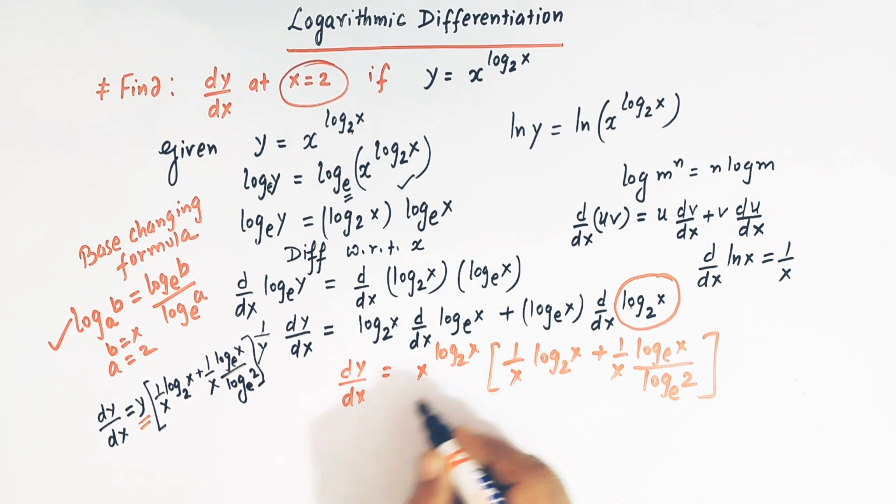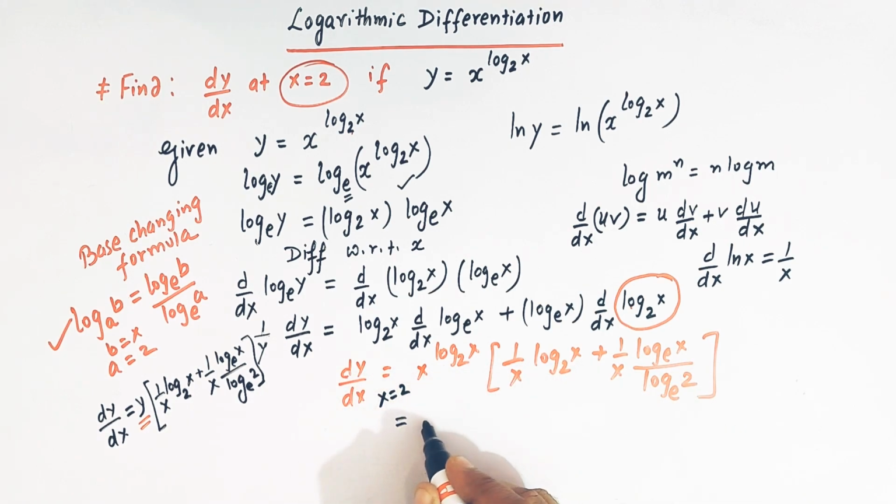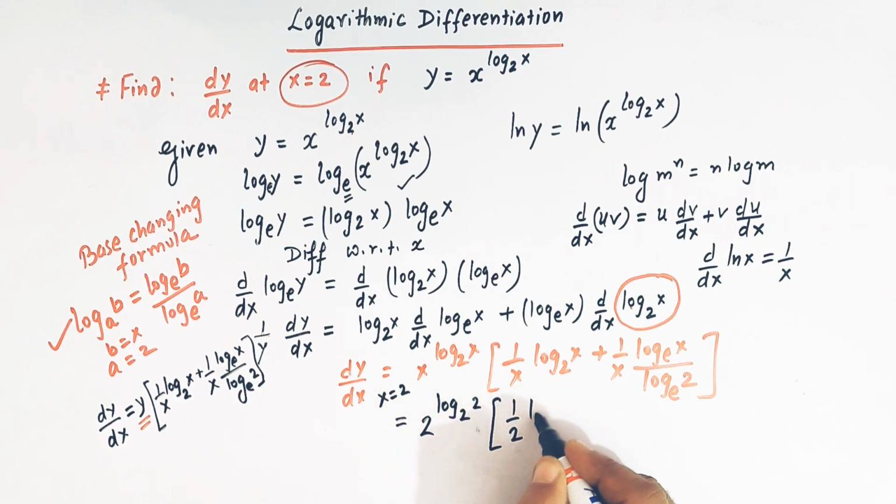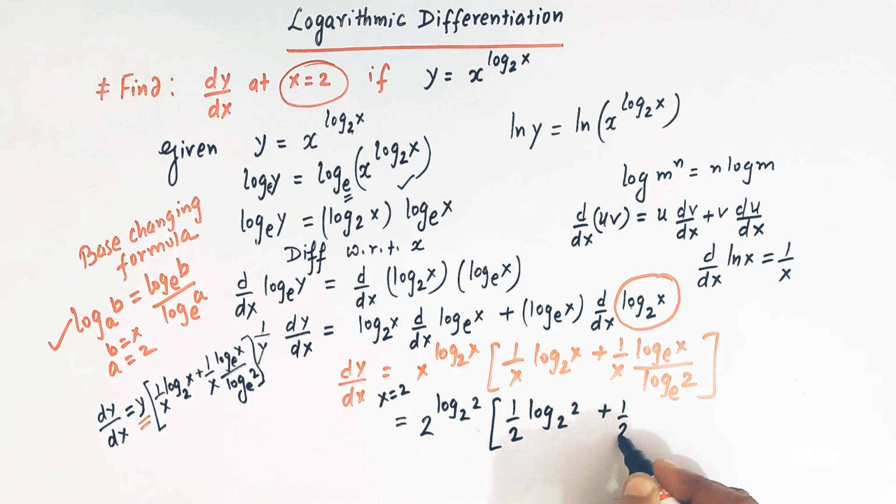So now substituting x is equal to 2 in this expression, we have 2 raised to log of 2 to the base 2, and then we have 1 over 2 log of 2 to the base 2, plus 1 over 2 log of 2 to the base e divided by log 2 to the base e, right?